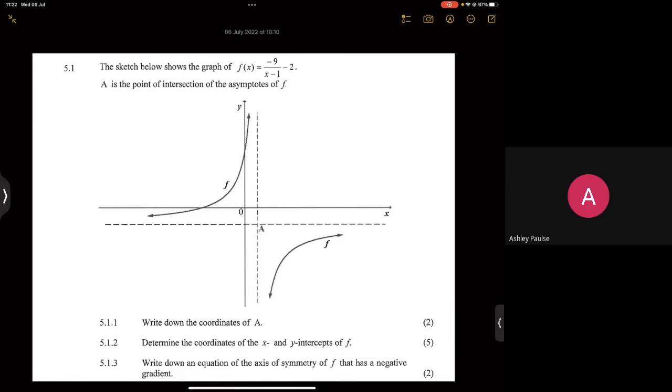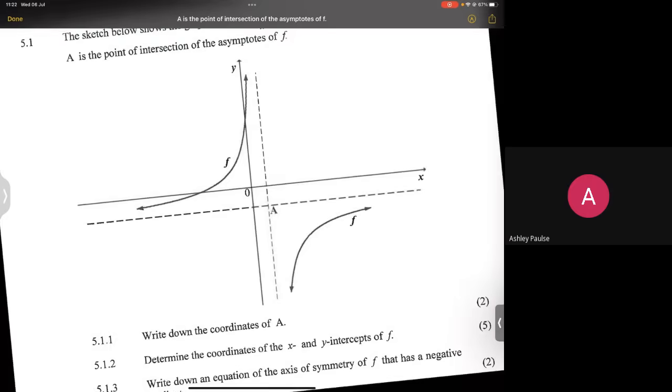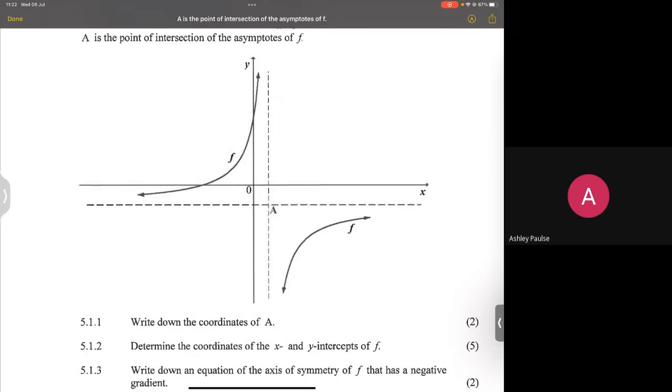So they say the sketch shows the graph of f of x, which is minus 9 over x minus 1 minus 2. Now, once again, ladies, please remember this. The moment I am given a hyperbola equation, remember I said to you, these x values that we are given there show us, in this case, our asymptotes.